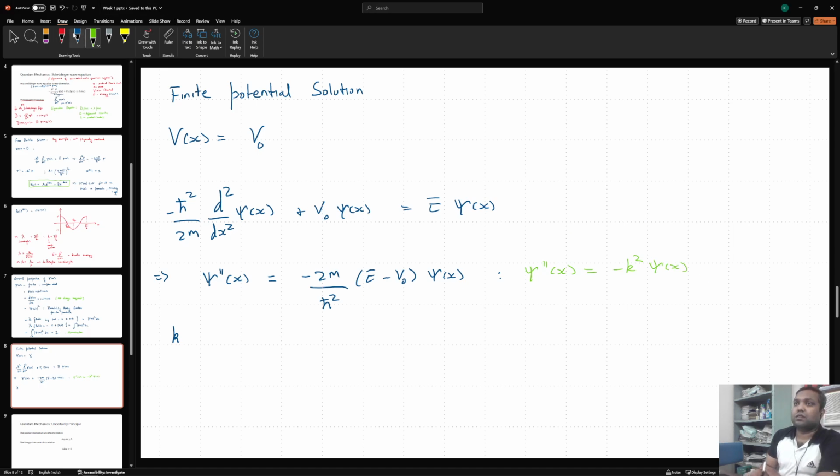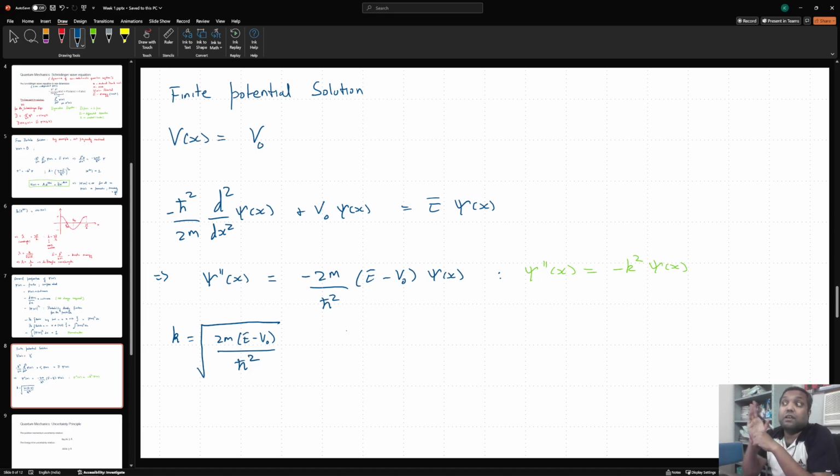So I would be tempted to say that k is equal to the square root of 2m (E minus V naught) by h bar squared. Yes, this quantity, and then I can go ahead and solve it.